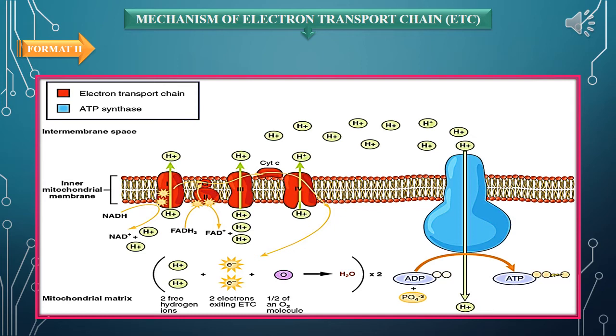Among the 4 complexes, 3 complexes release hydrogen ions in the intermembrane space. This increases hydrogen ion concentration in the intermembrane space. This causes activation of ATP synthase, which synthesizes ATP from ADP through the phosphorylation process. The final product is a water molecule through the ETC reaction.